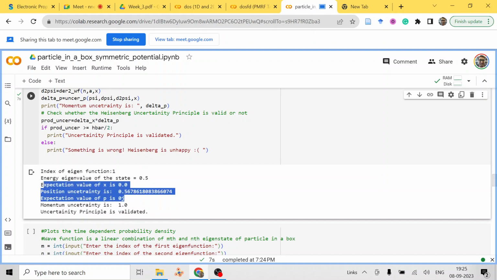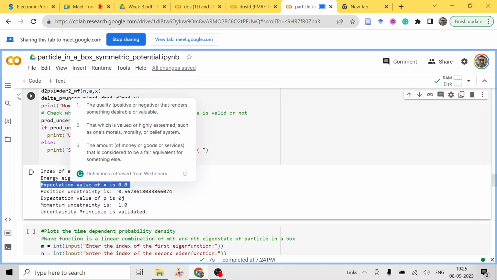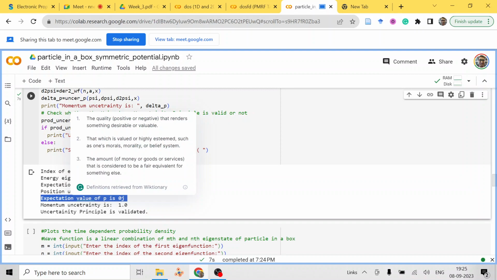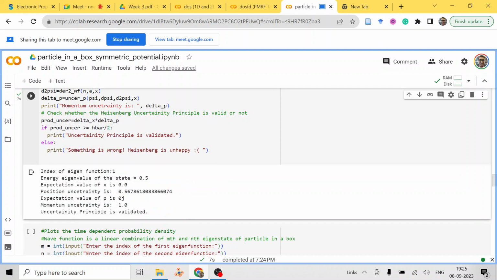Expectation value of x is 0, as expected, because for n equals 1 our expectation value of x is in the middle of the box, and if you remember, the probability density was also maximum at the middle only for n equals 1. Expectation value of momentum is also 0. The j is written because it is a complex number, but it is basically 0, and the momentum uncertainty is 1, and thus this is validated.